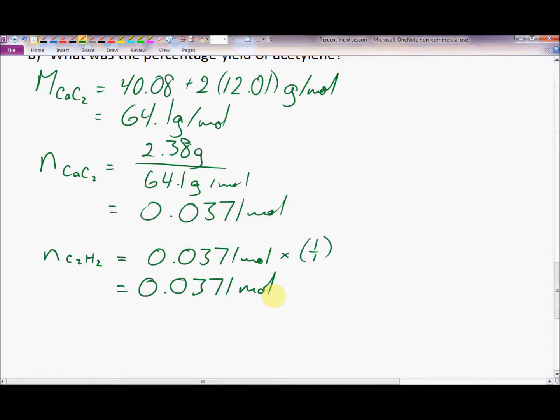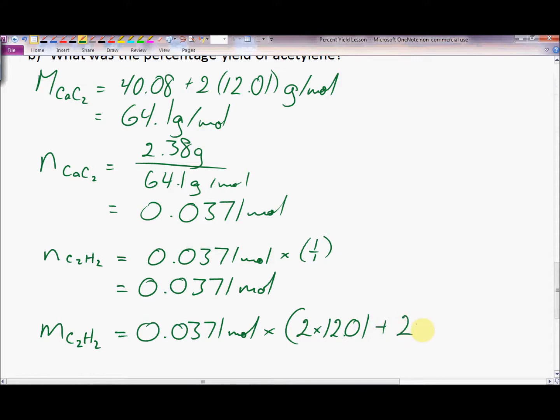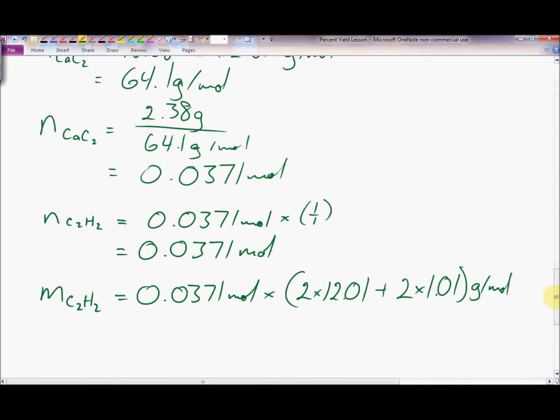So the mass of C2H2 is equal to 0.0371 moles times the molar mass of acetylene. Okay, so let's put together that information. That's going to be 2 times the mass of carbon, 12.01, plus 2 times the mass of hydrogen, 1.01, and that was in grams per mole. Okay, and that works out to be 0.966 grams.